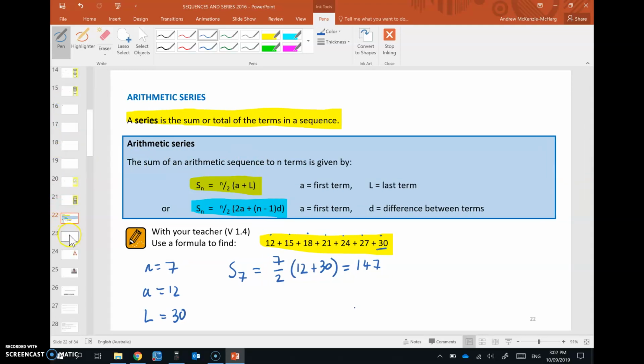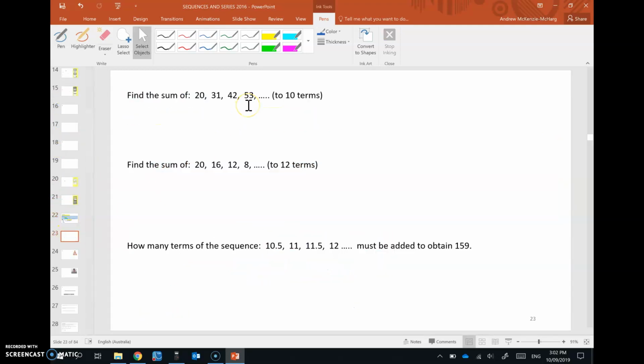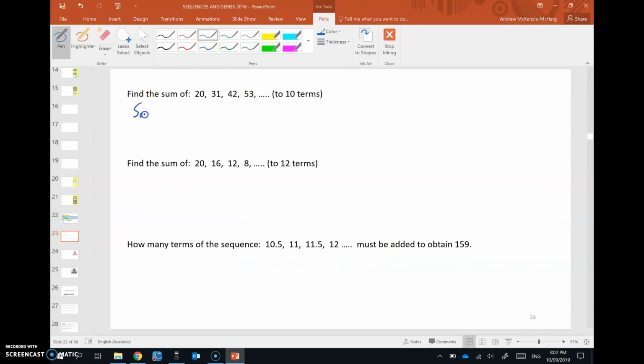Okay, the next couple of examples don't give us the last term, so we're going to use the other formula, the second one. Now, we could just count up to the 10th term in this sequence and find the last term in the sequence we're adding up, but we're not given it to start with, so we're going to do it this way, where we use the first term and the common difference.